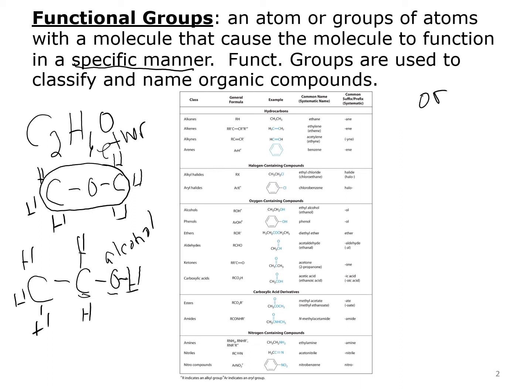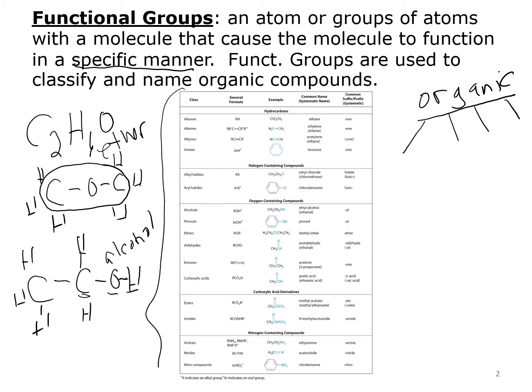So we can make a flow chart here with organic versus inorganic, and then in organic we can classify them in different ways depending on how atoms are put together into functional groups. In chapter 10, this chart shows you a whole bunch of functional groups. We're not going to cover all of those. In chapter 10, we're going to learn about alcohols.